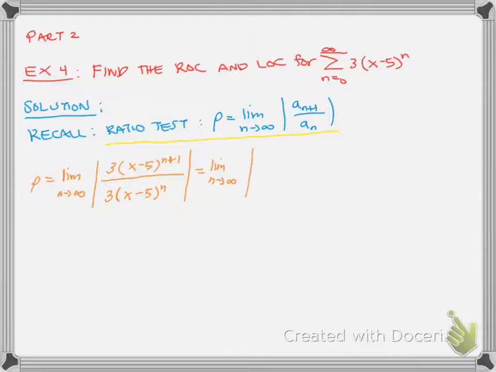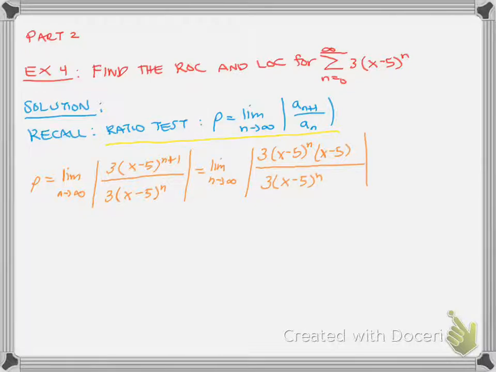Okay, so again, this is equal, and I'm going to break this down. This will be the limit as n goes to infinity of the absolute value of 3 times x minus 5, we can break that up, right? So it'll be x minus 5 to the n times x minus 5 all over 3 times x minus 5 to the n.